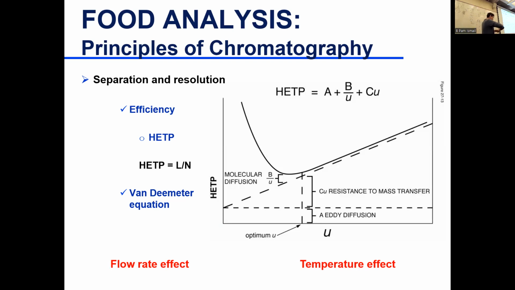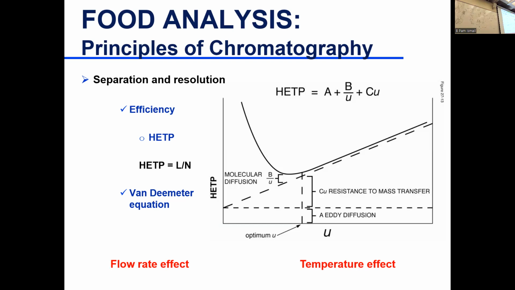If you have large pore size in your particles, so if you take one of these particles and enlarge it, it has large pore size, your compound is going to go through and be delayed, and then this will broaden as you go, and you end up with a really wide peak.